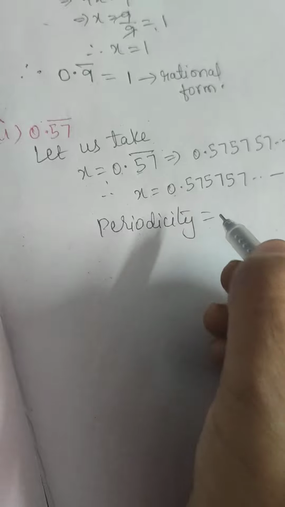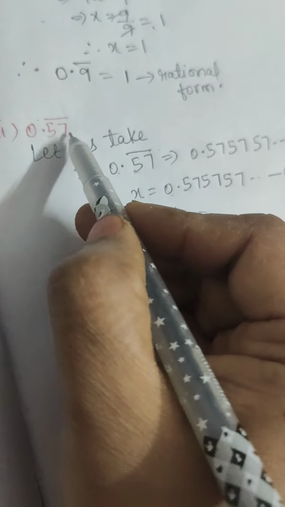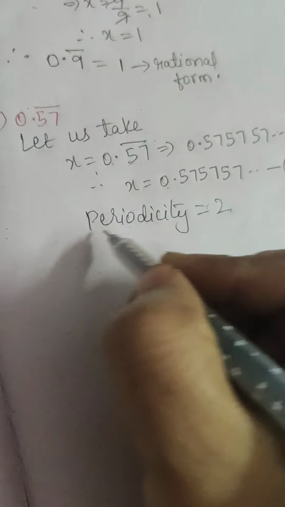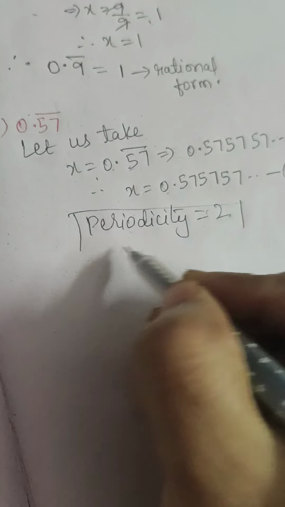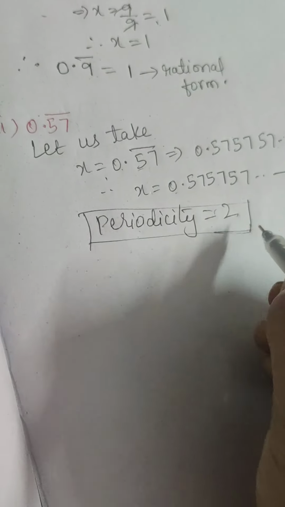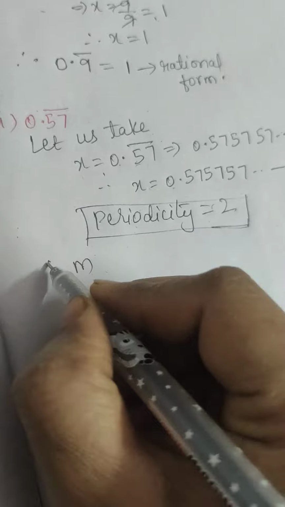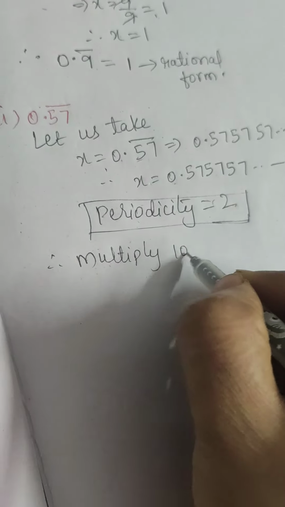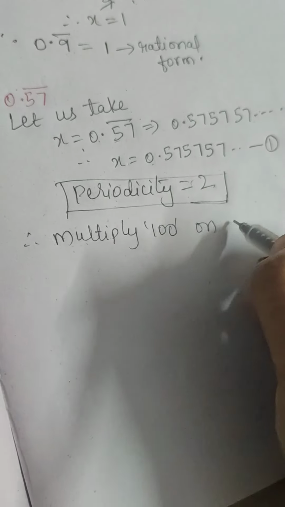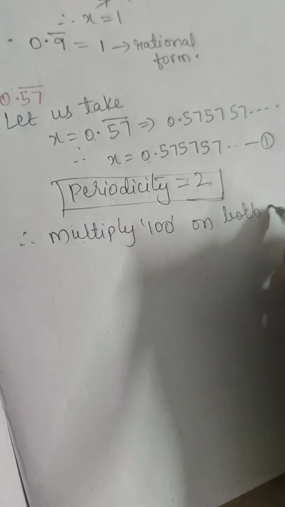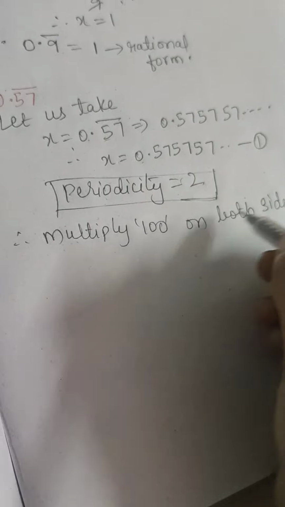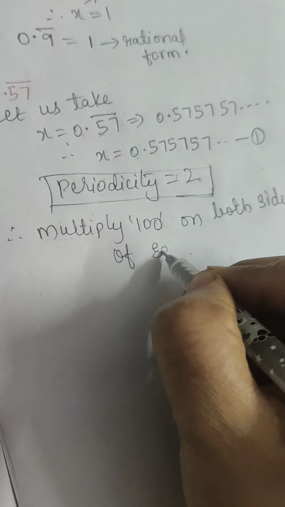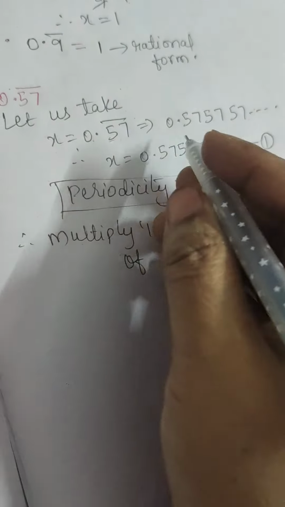How many numbers are there in the bar? 2 numbers. So periodicity is 2. If periodicity is 2, we should multiply 100 on both sides of equation 1.